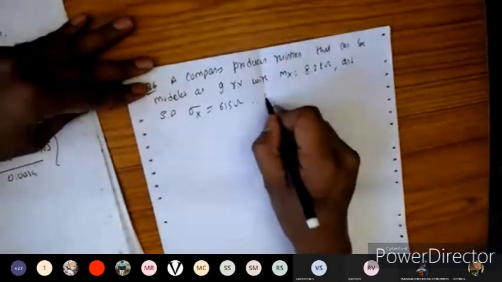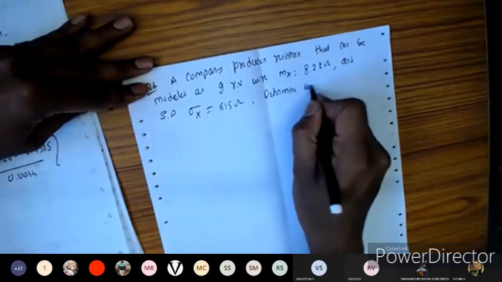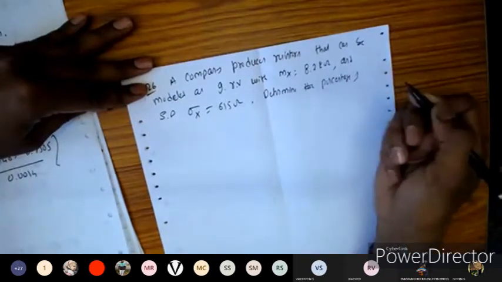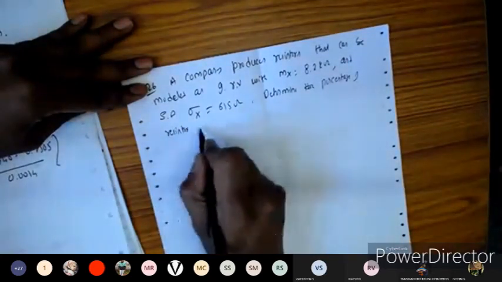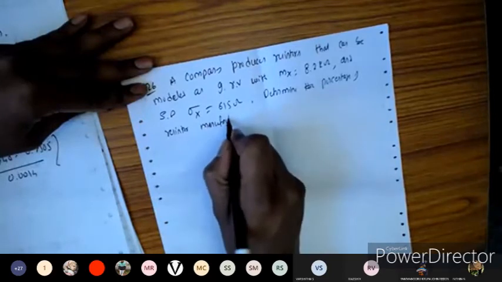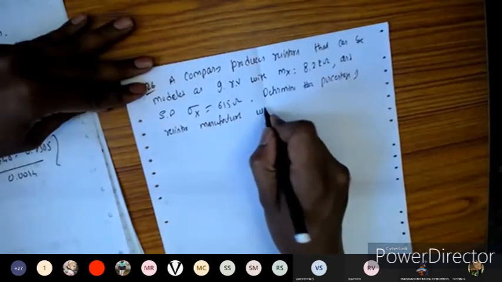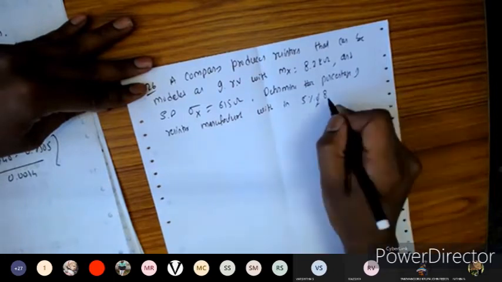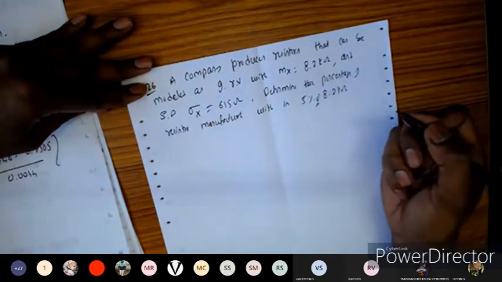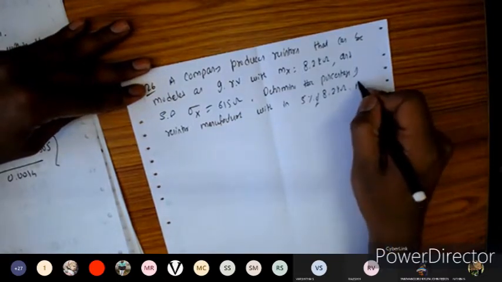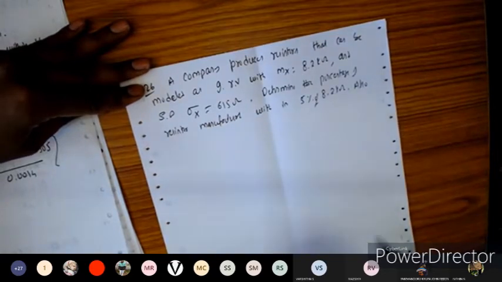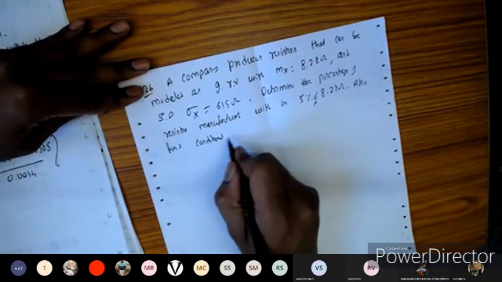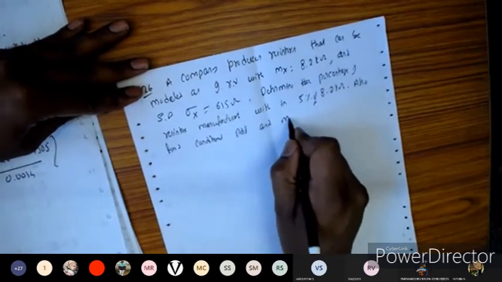Determine the percentage of resistors manufactured within 5% of 8.2 kilo ohm. Also find the conditional PDF and mean.